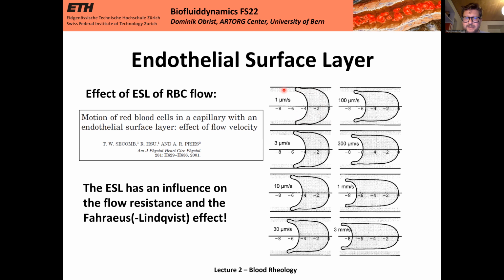As we have here in the grayscale, the thickness of the layer, and you see the red blood cell has sunken in, almost touching the outer wall. On the opposite, if the red blood cell is really moving fast, it's sliding on top of the endothelial surface layer, barely deforming it. It's maybe a little bit like when you're skiing on fresh snow and you're going fast, just going on top of the fresh snow.